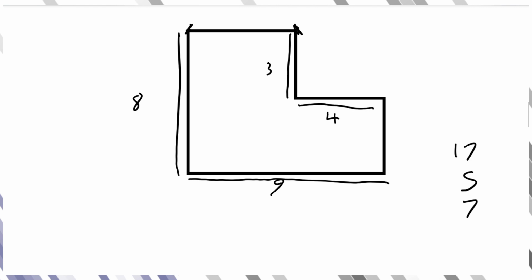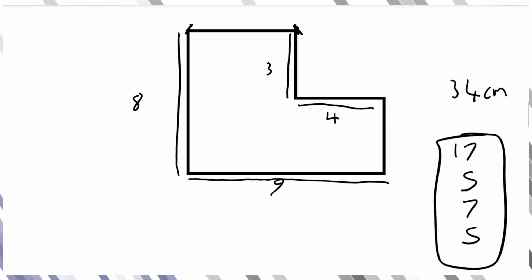We know it's 9 all the way across, and that bit's 4. So it's going to be 9 minus 4 for that part, because the 9 is the whole thing from the bottom, and then the 4 is just that bit from that. So 9 minus 4, that's 5. So the perimeter of that is 34 centimeters. Just all of those added together.